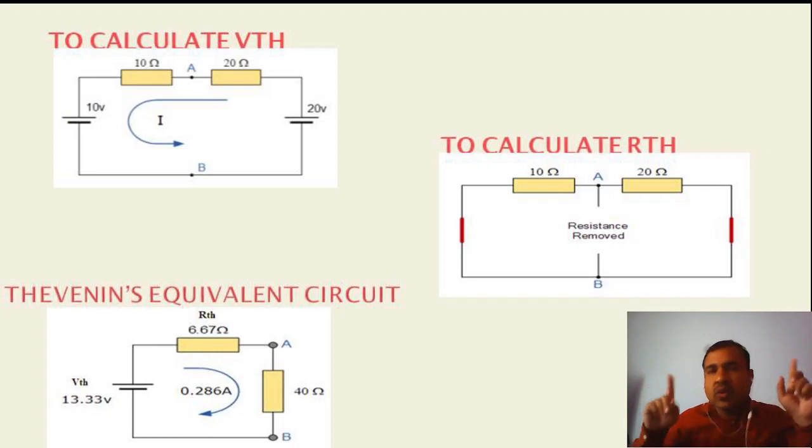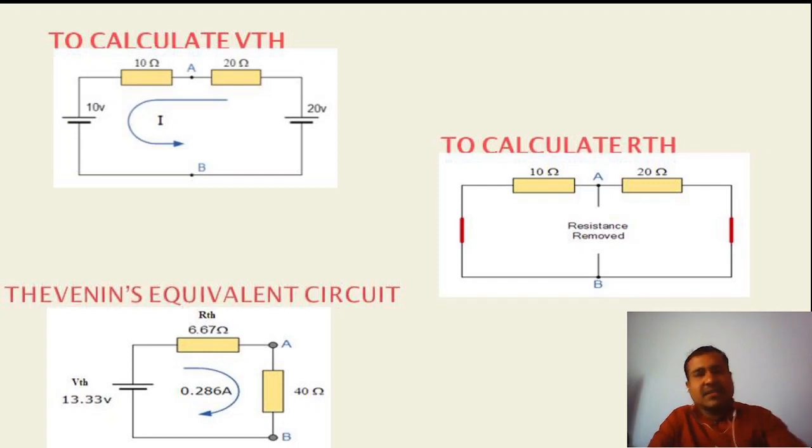There were two voltage sources; we shorted those and found the resistance across the marked terminals, which turned out to be parallel resistances, and we found RTH. Finally, we redrew the Thevenin's equivalent circuit containing VTH, RTH, and RL, and you can find the load current.